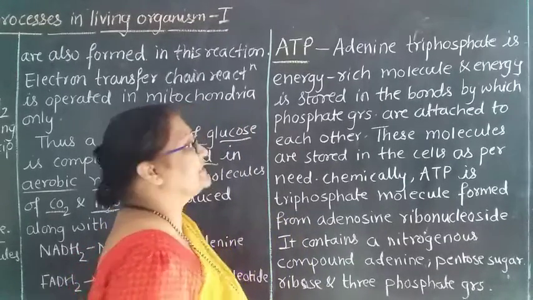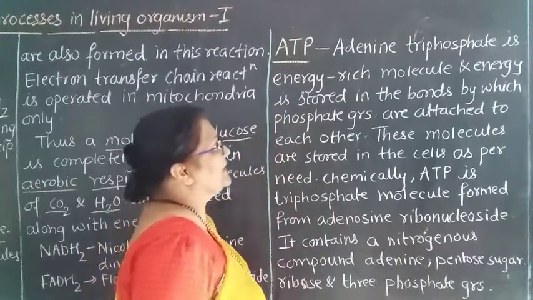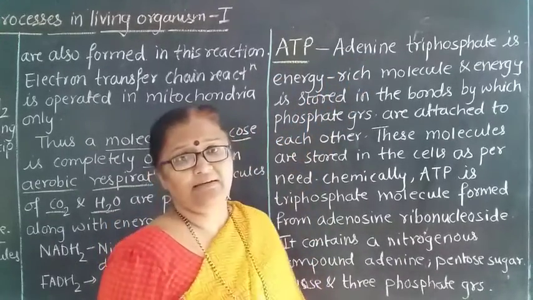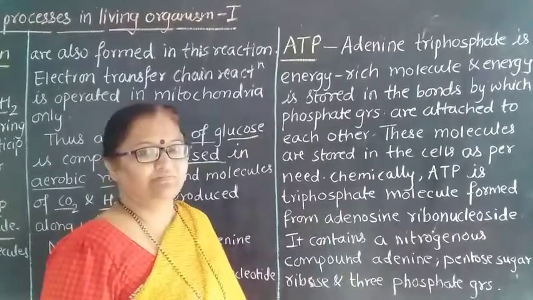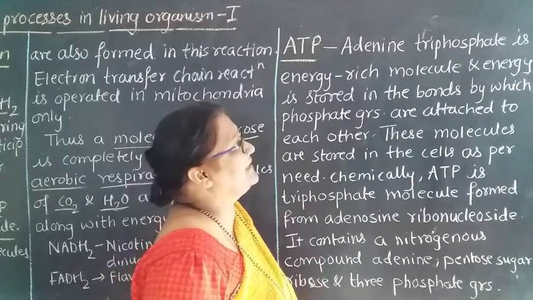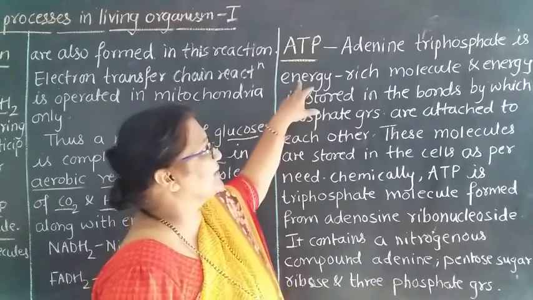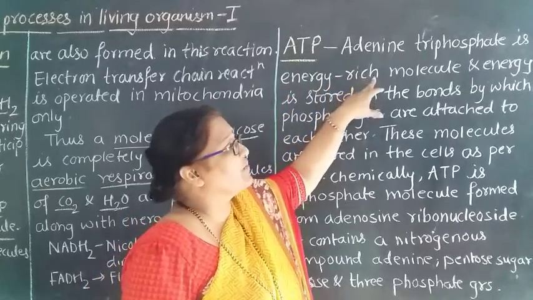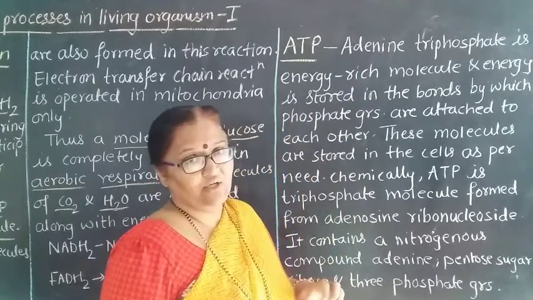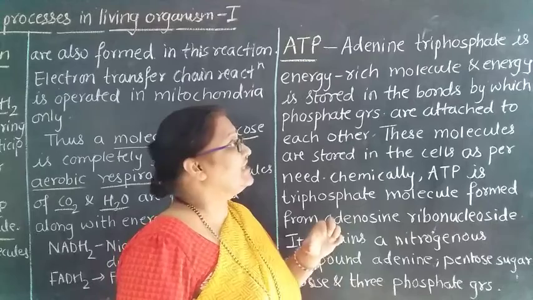Next we are going to see ATP. ATP means adenosine triphosphate. It is an energy rich molecule, and energy is stored in the ATP molecules because they are energy rich.